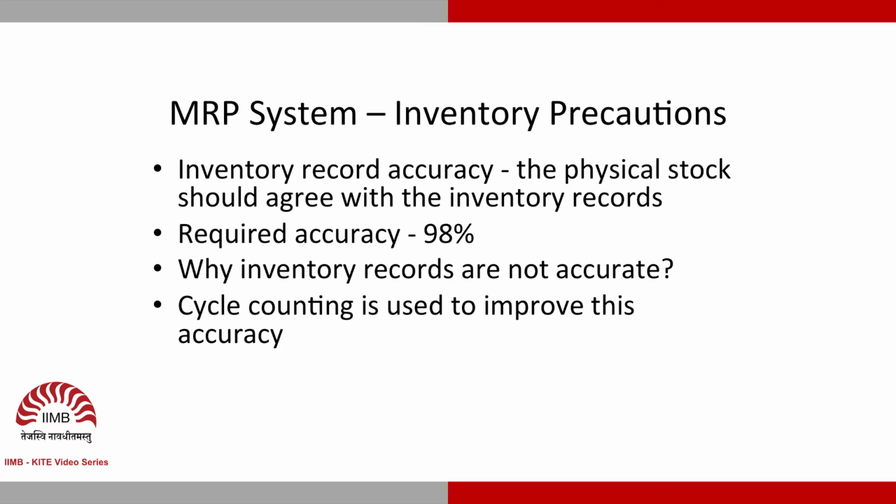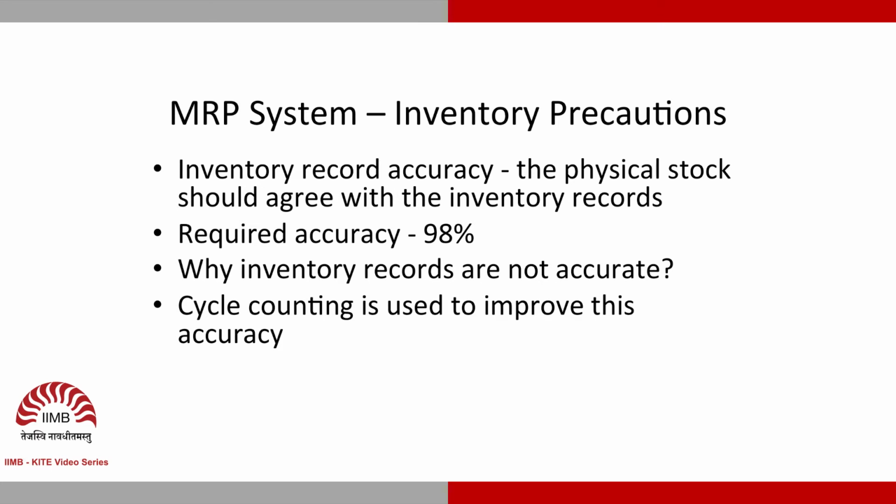And wherever the record quantity and physical stock quantity are not matching, the primary objective is not to set the record straight. The primary objective is to launch an investigation, a process analysis to find out why the inaccuracy has happened, why the records are not tallying with physical stock. And at the process level, once we understand the reasons for this, we try and take corrective action at that process level.